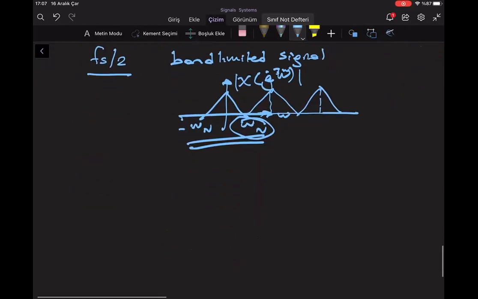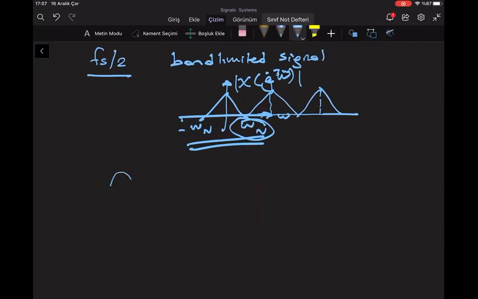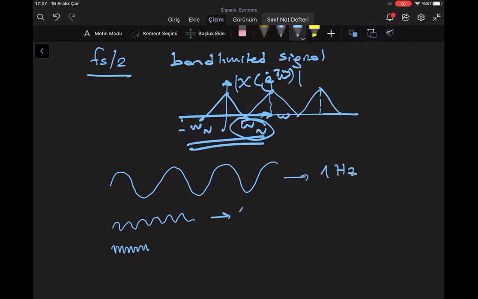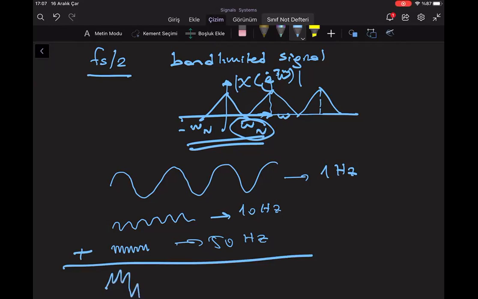Anlıyor muyuz gençler? For example, if I have this component in my signal, this component, and this component. Let's say one of them is 1 Hertz, the other one is 10 Hertz, the other one is 50 Hertz. If I add these up, I will have such a signal, let's say.